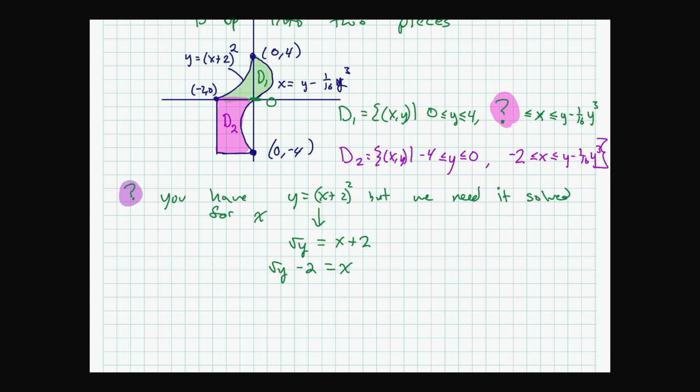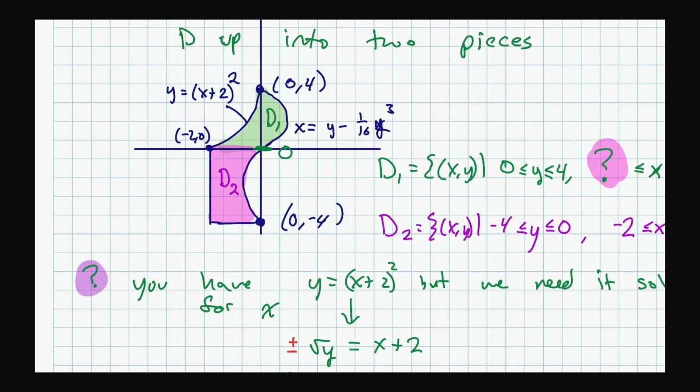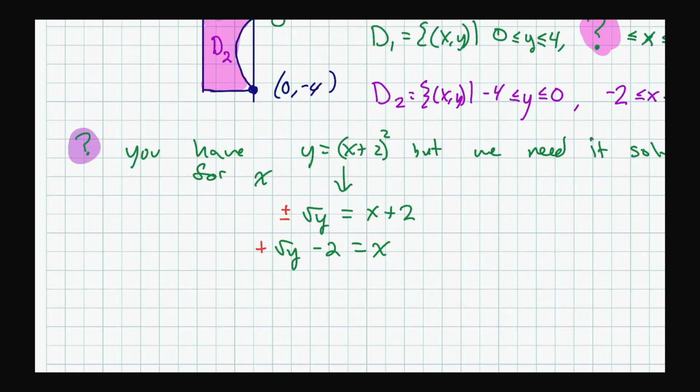So that's correct, because technically this could have been a plus or a minus, and it's actually the plus because, checking the point with y equals 4 and the point with y equals 0, I see that the plus sign is the one that actually gives me the values I see on the graph. So this is what we want.